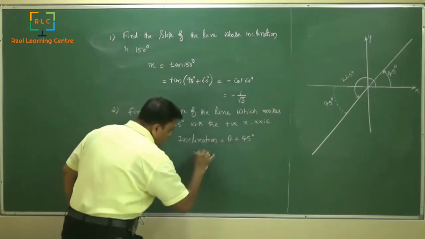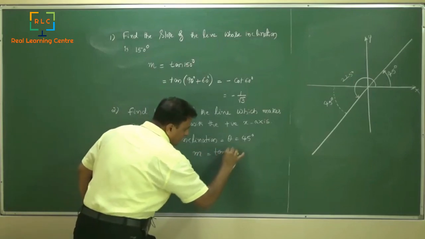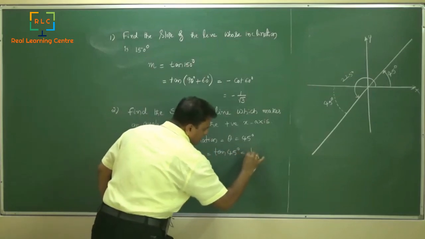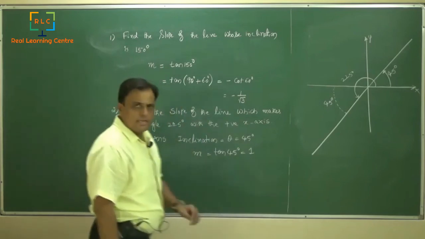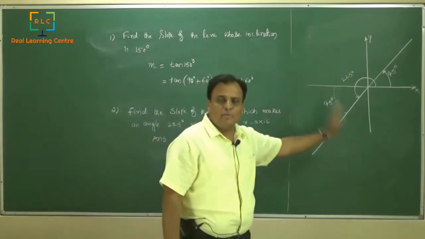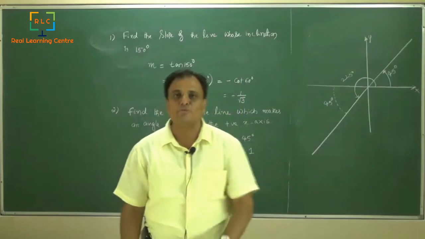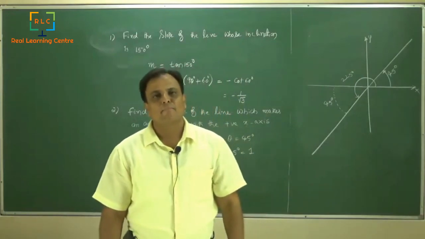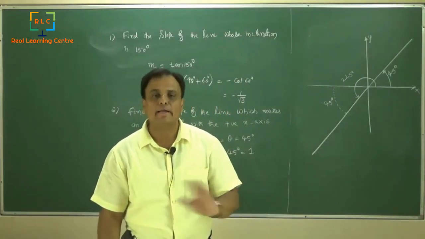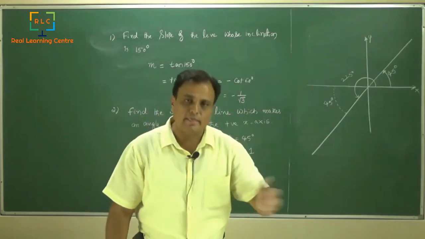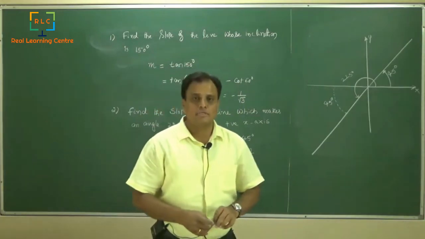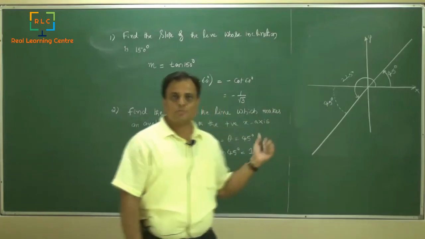Now slope is equal to tan 45, which is equal to 1. Clearly, even from a trigonometry point of view, tan 225 also gives 1 only. But you cannot use an angle greater than 180 degrees as an inclination. Hope you understand this problem.